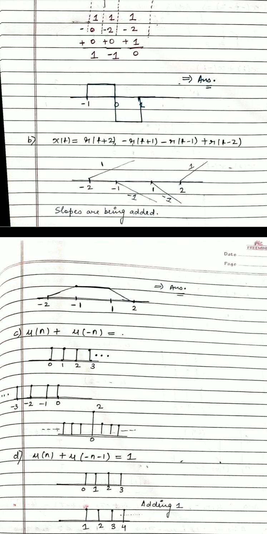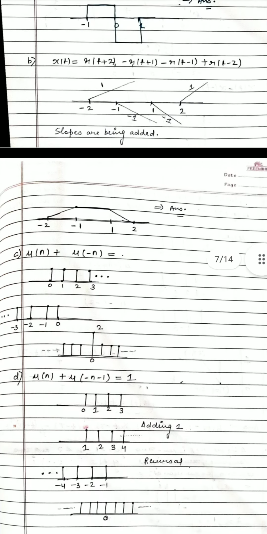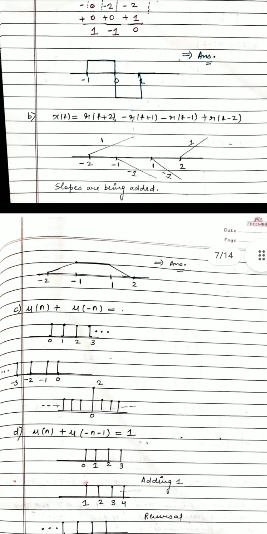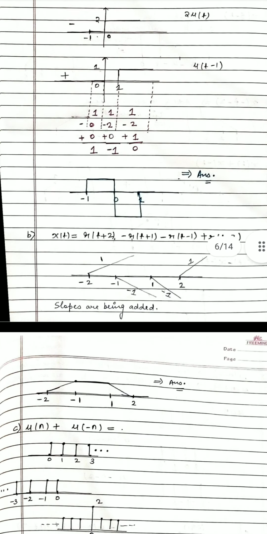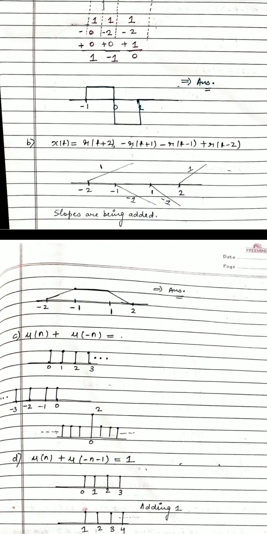x of t is equal to r of t plus 2 minus r of t plus 1 minus r of t minus 1 plus r of t minus 2. We have to plot this. So r of t plus 2 is starting from minus 2, the slope is 1.